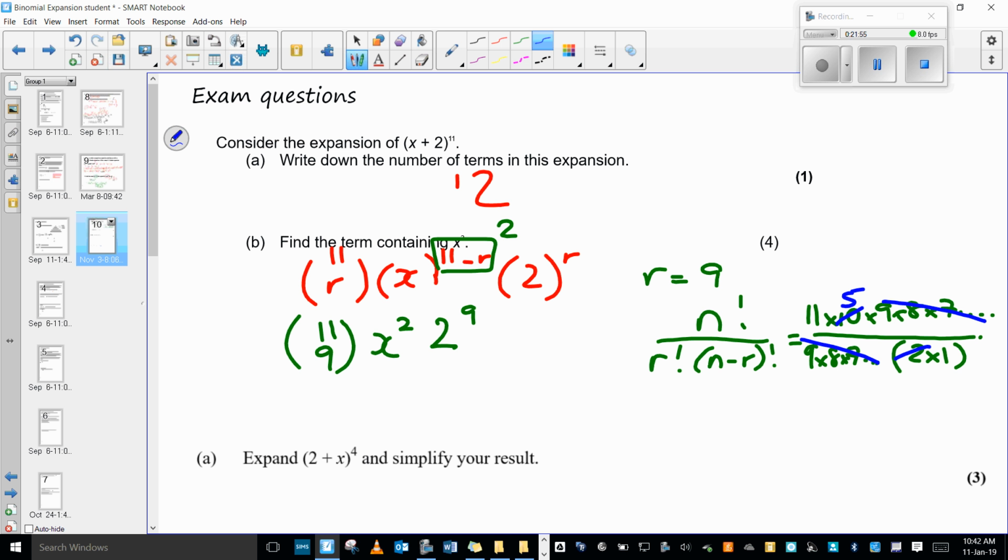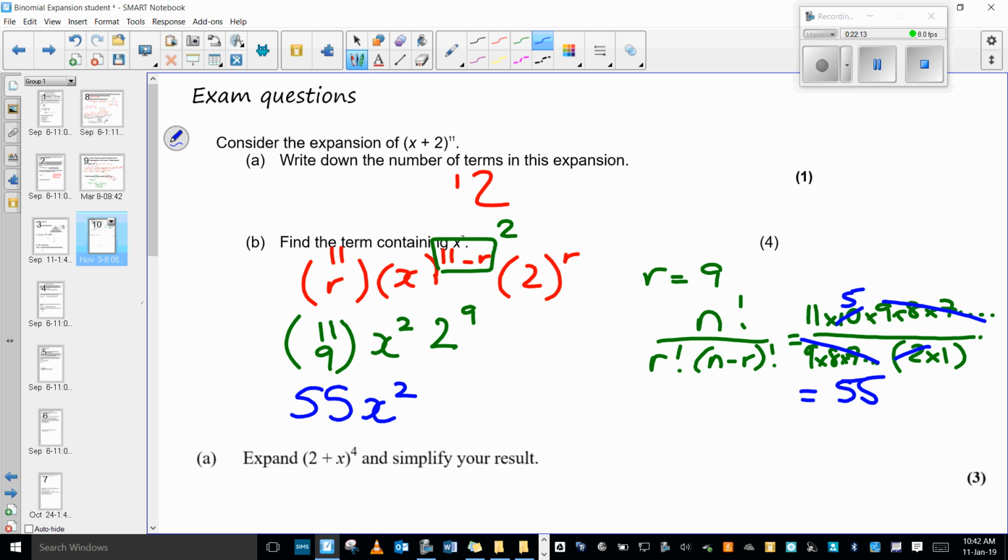On the bottom I've just got 1, and on the top I've just got 11 multiplied by 5. So I've got 55. So this is 55, x squared, and then 2 to the power 9. We should be able to do that in our heads.